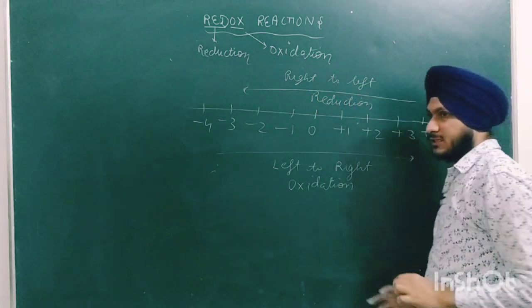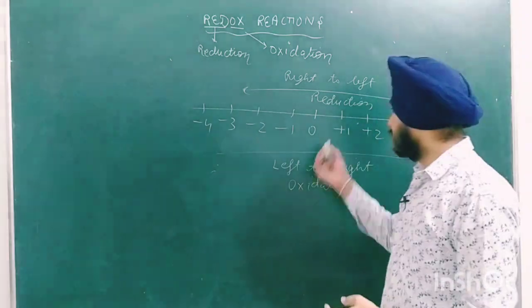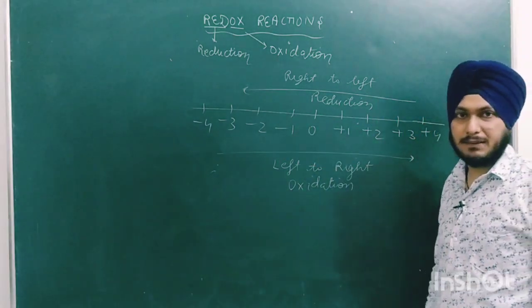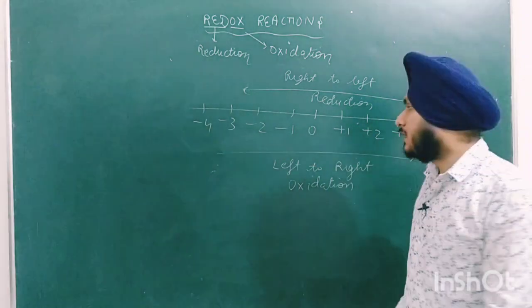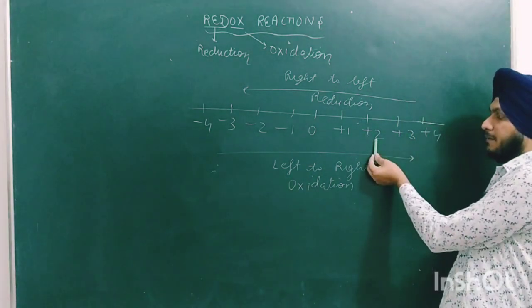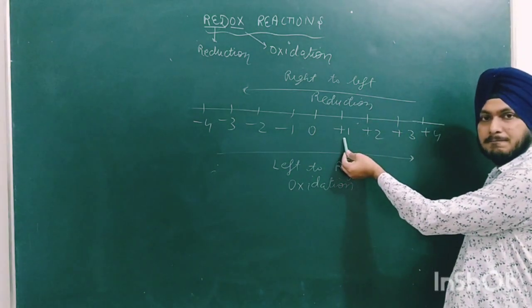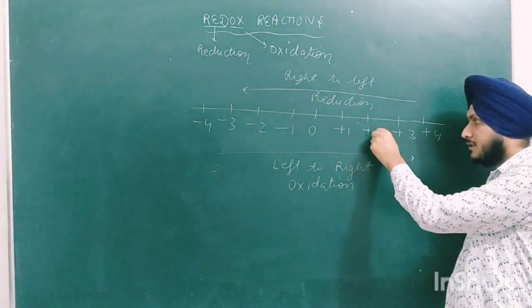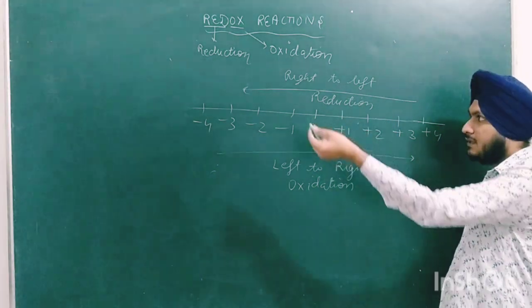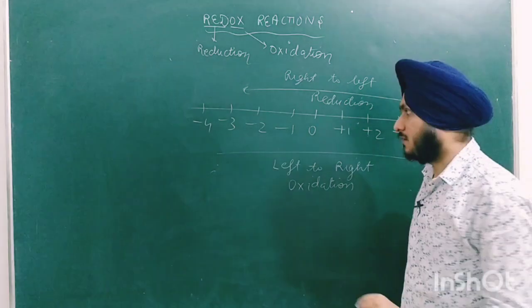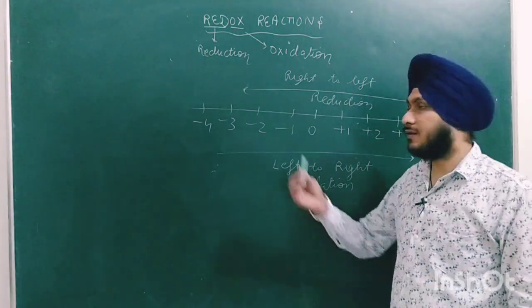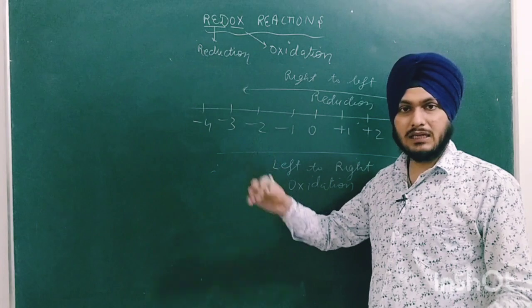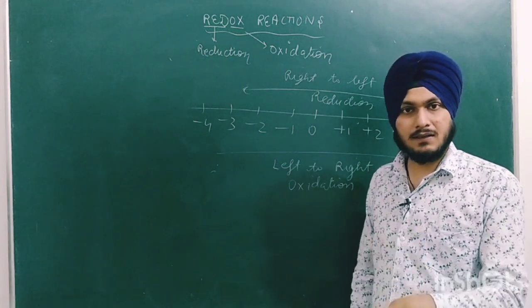For example, if the oxidation state is changing from 0 to -1, then what is happening? Reduction. If the oxidation state changes from +2 to +1, then reduction takes place. If the oxidation state changes from -3 to -2, then what is happening?